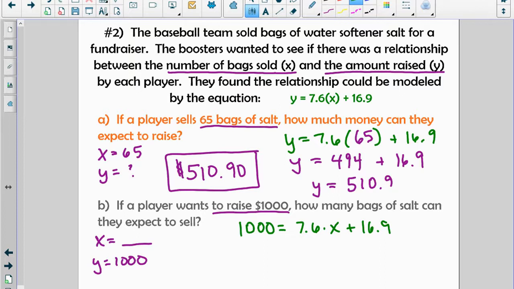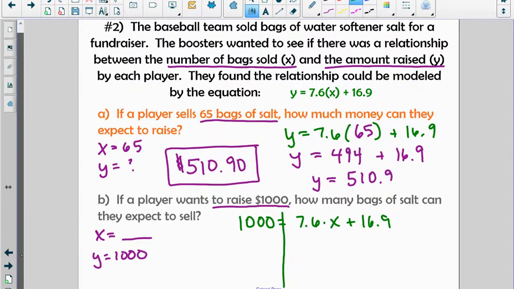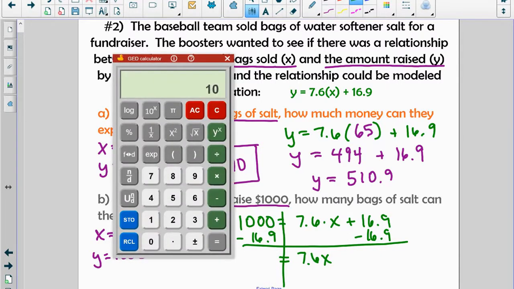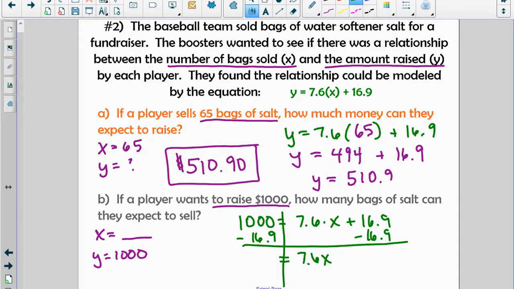and then we solve. So we use our equation solving, subtract 16.9 from each side. And let's see, I want to be careful of that. 1,000 minus 16.9 should be 983.1.